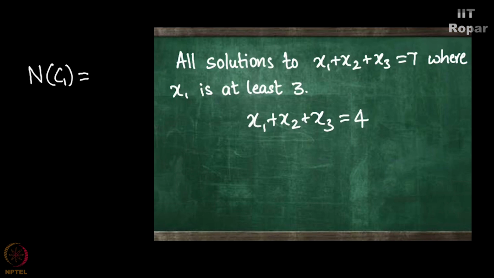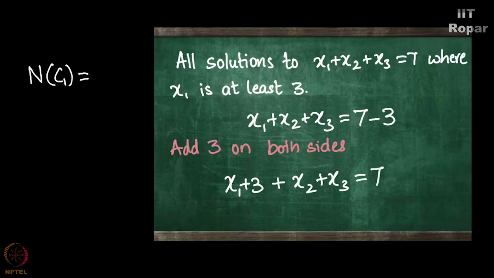It was x1 + x2 + x3 = 7 - 3, which is 4. Now, adding 3 on both sides, adding 3 to x1 and to the RHS, it gives me the original equation. Did you observe what I am doing? Take a moment to think and understand what is happening here.